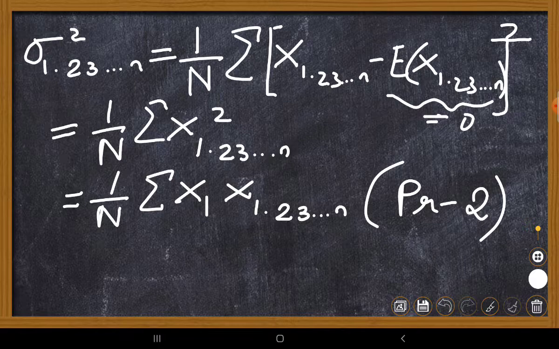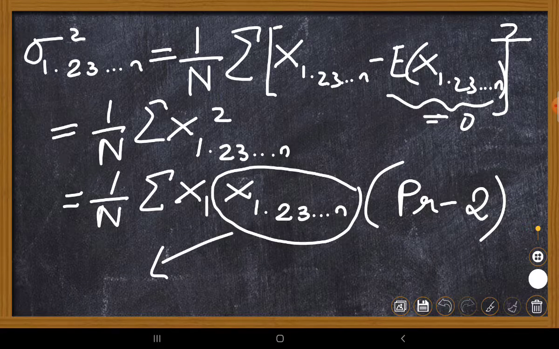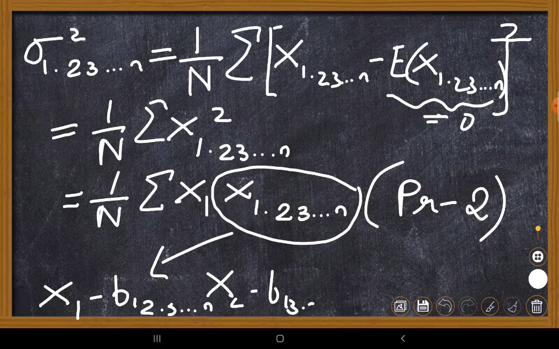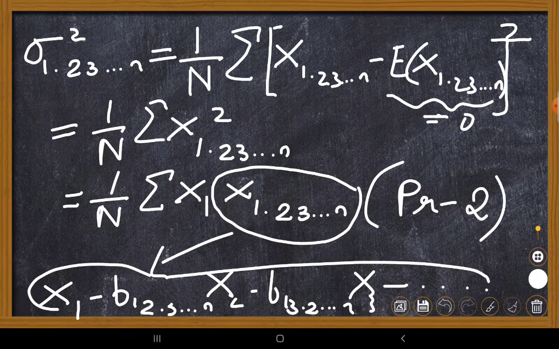After using this property, now you substitute the values here. What will be this x1.23? This is equal to x1 minus b12.3 up to n x2 minus b13.2 up to n x3, and so on. So you substitute these values here.